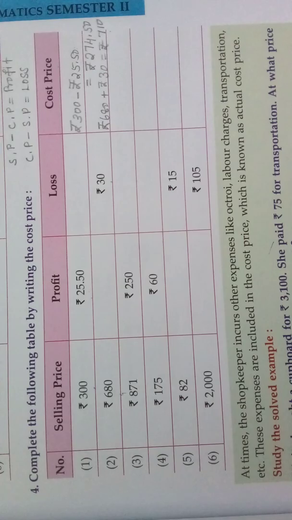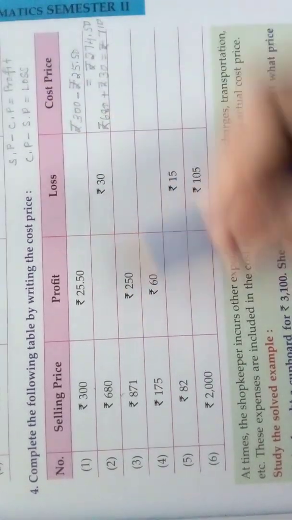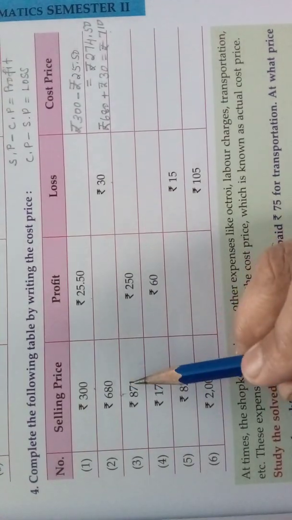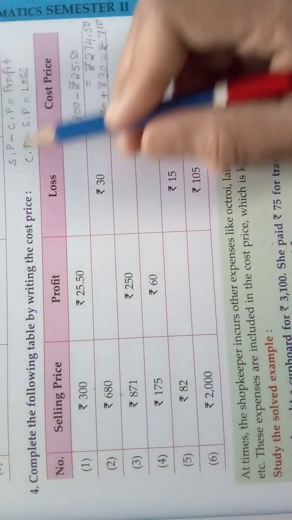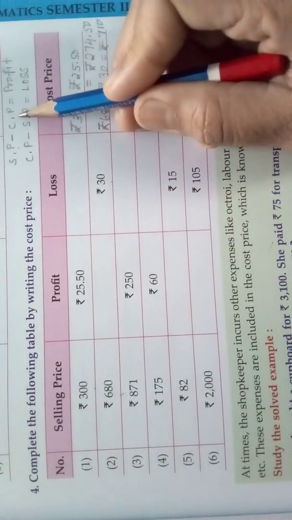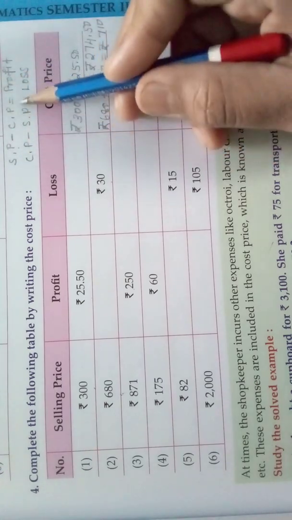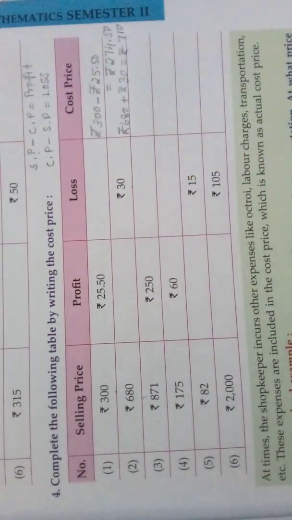See here what is given: selling price and profit are given here. You want the cost price. So, you can find the cost price by adding profit to the selling price. Use this formula also. Understood children? So, in this way you can find.